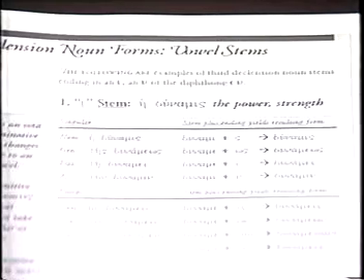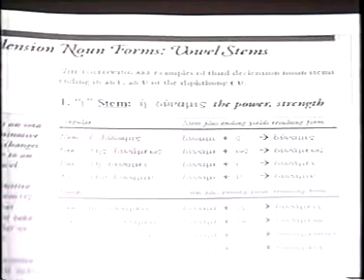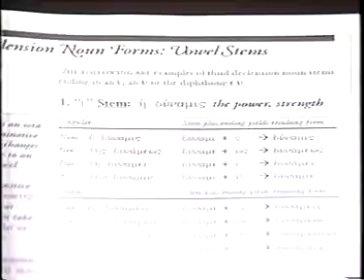Then there are other stems as well, some vowel stems that are not consonant stems. And we have an iota stem, third declension noun, the word dunamis, which means power or strength. We have an upsilon stem, the word for fish, ichthus.